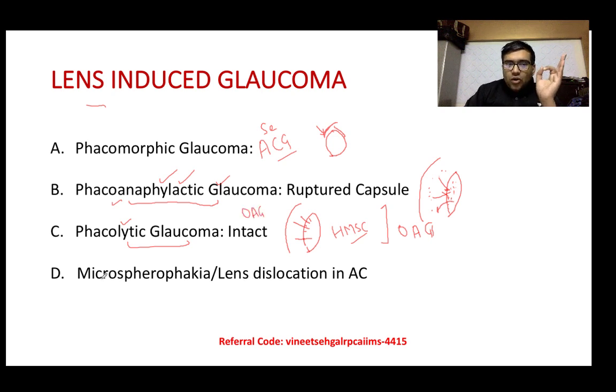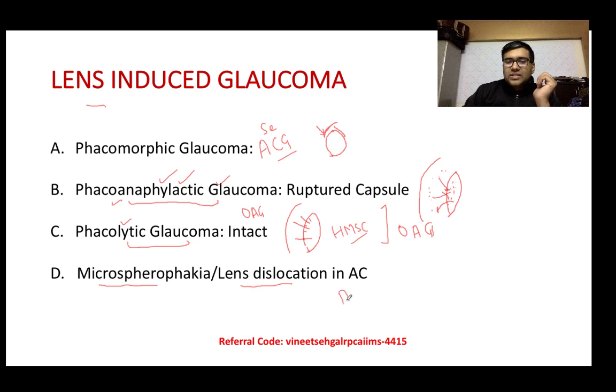Now remember another term, microspherophakia. Sometimes due to trauma, or a disease like Weill-Marchesani syndrome, the lens can go into the anterior chamber and cause an angle closure there.